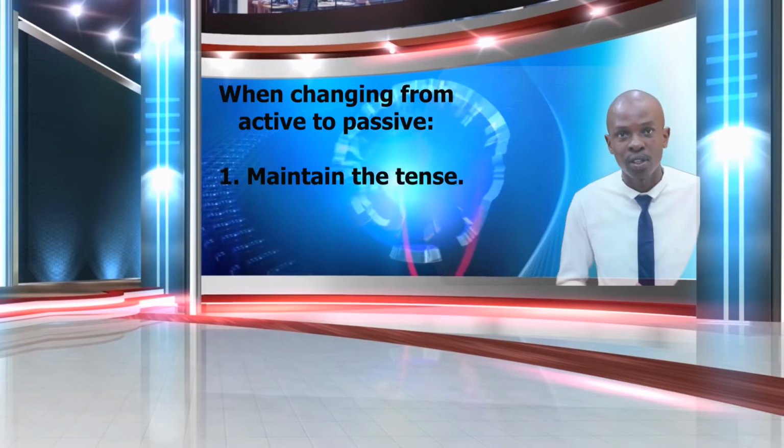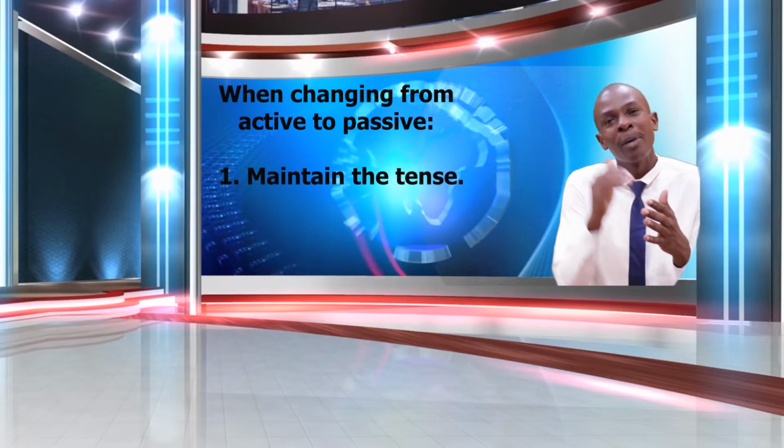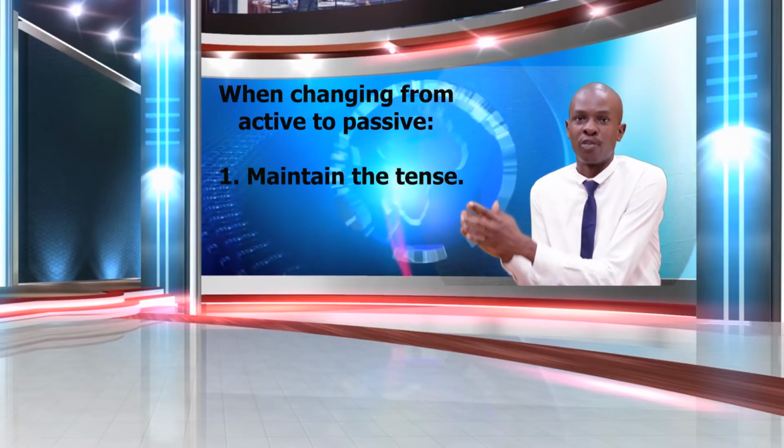When changing from active voice to passive voice, these are things that we need to put in consideration. The first thing, number one, we need to maintain the tense. We maintain the same tense from active voice to passive voice.